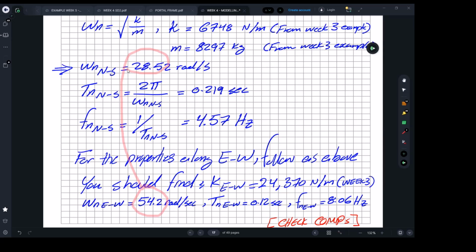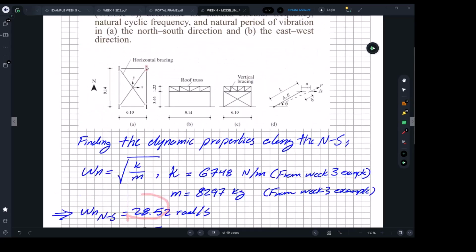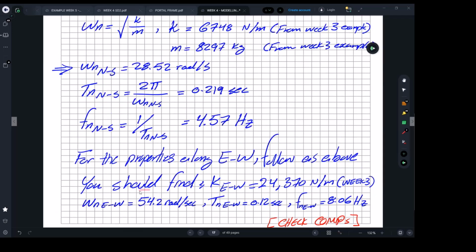That's because the north-south was more wobbly, if you like, because the stiffness is smaller. It was only dependent on the columns. You remember, the columns were the only members that resist lateral load. But in the short direction, we had those X bracings, and they gave us much more powerful resistance. And you can see how the frequency gets higher, and it will control the vibrations more.